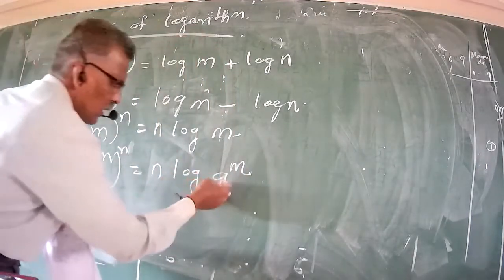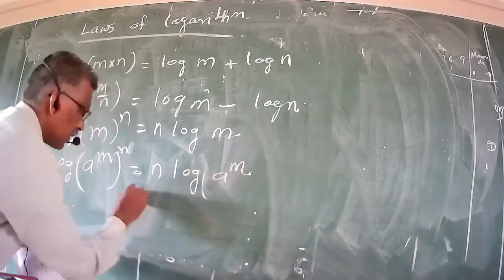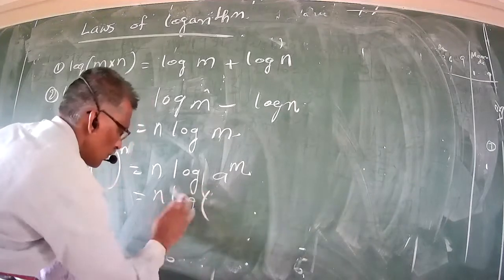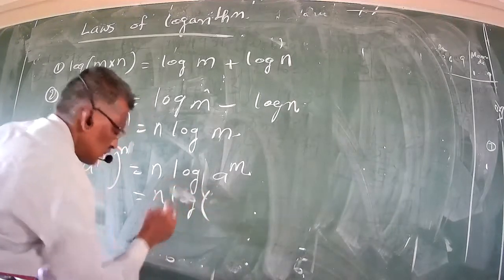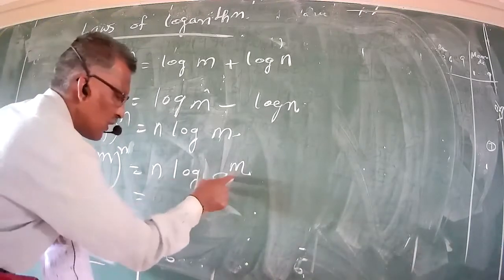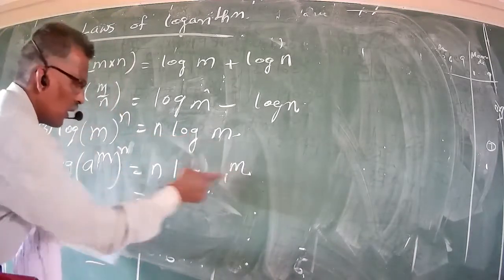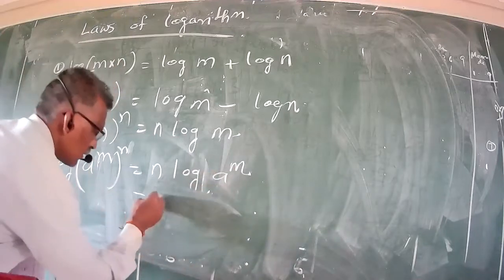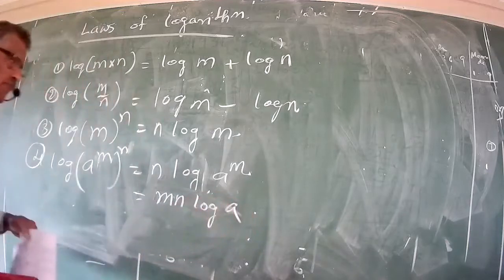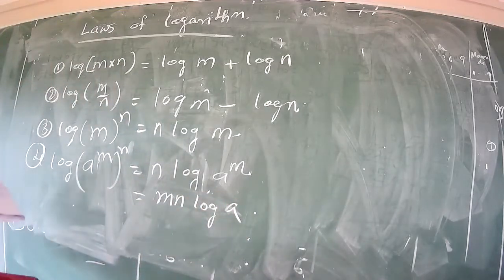Again applying this rule, that becomes m into n into log of a, that is mn into log of a.